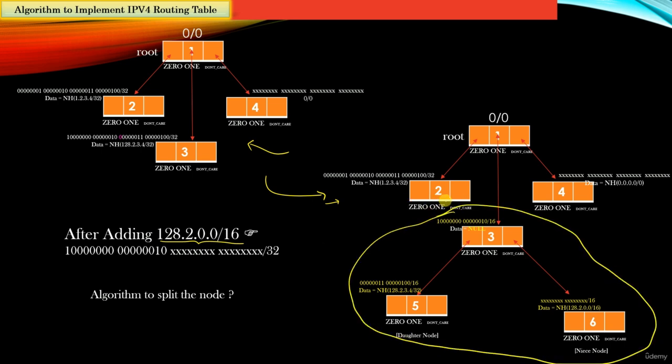Nodes 2 and 4 of this M-trie data structure are untouched. You can see the data part of node 3 is null. The prefix length of node 3 has been reduced from 32 to 16. The bits from the effective prefix of node 3 have been transferred to its daughter node. And the niece node borrows its effective prefix bits from the bits of the route which was just inserted.